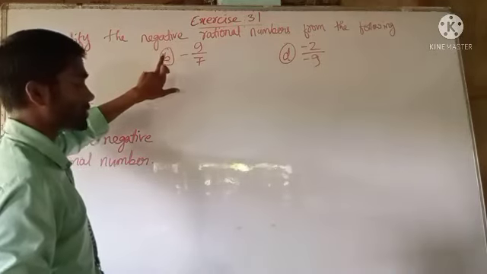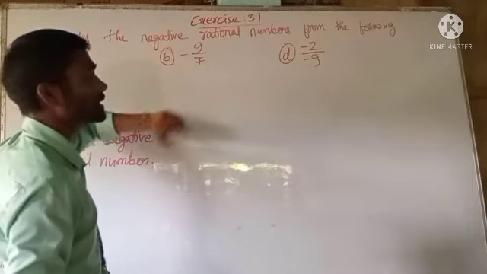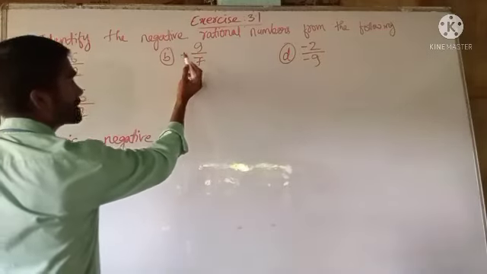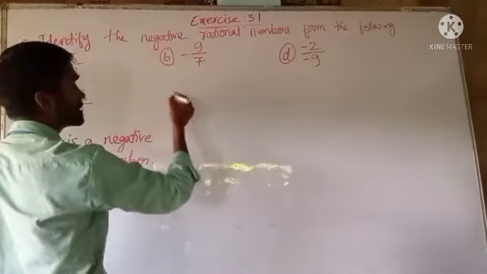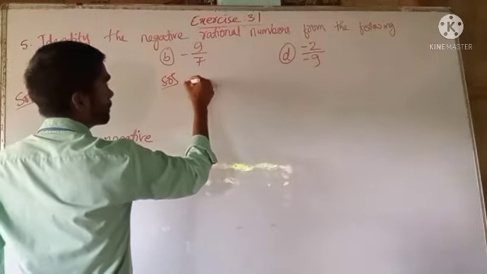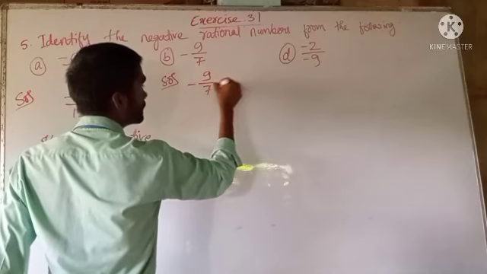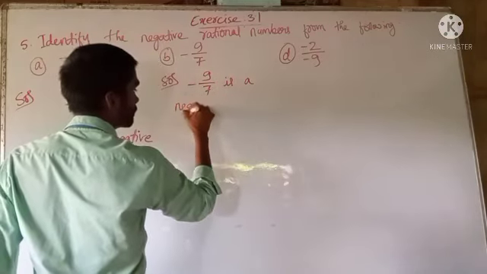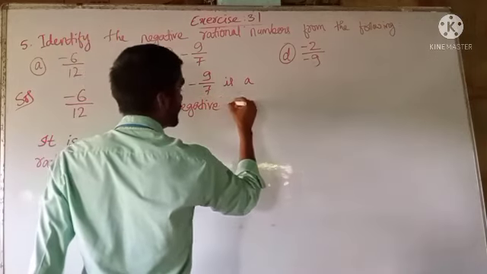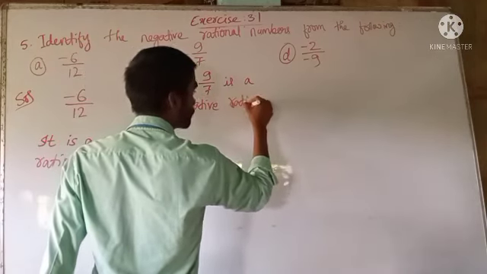Now again option number B, minus 9 by 7. Here also we can see only one sign, that is minus. So it is also a negative rational number. Minus 9 by 7 is a negative rational number.